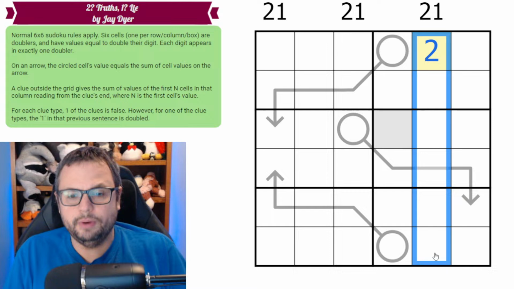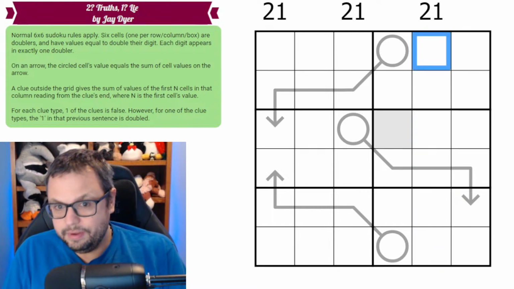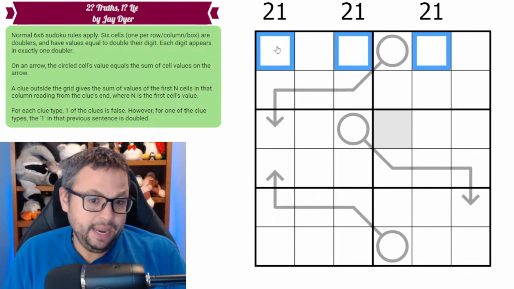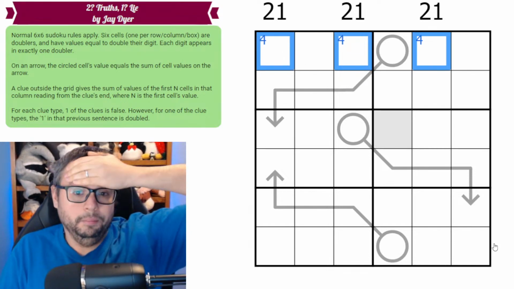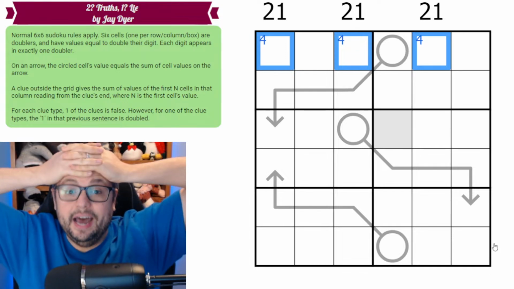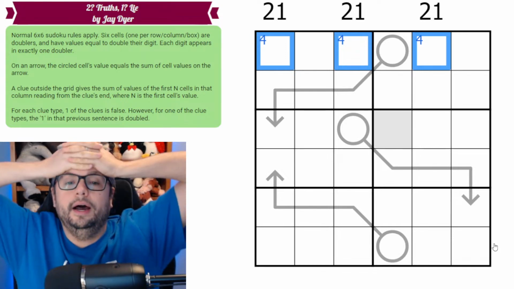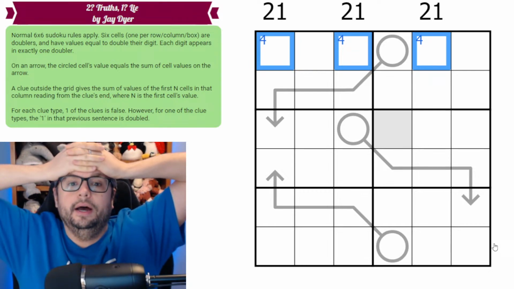Because the column sums to 23. So I need these two cells to sum to 2. It doesn't work. So I think we have shown the only way to actually make this work is with one of these being a 4. And that means it's an honest 4. I don't think there's any other way to do it.